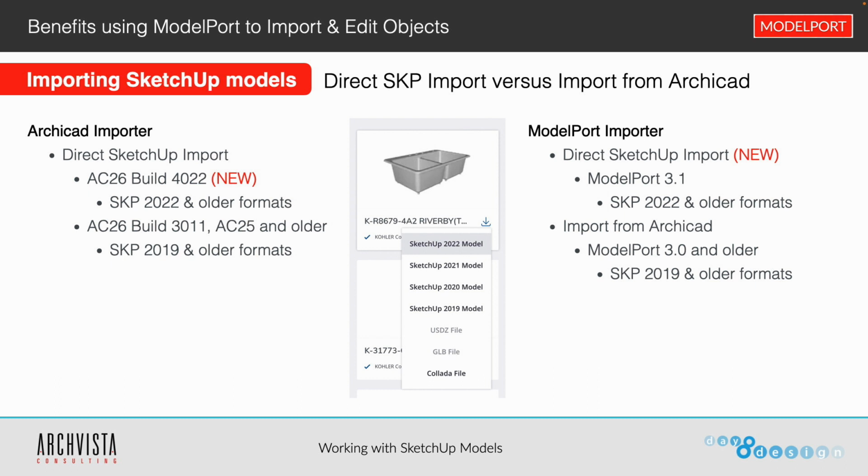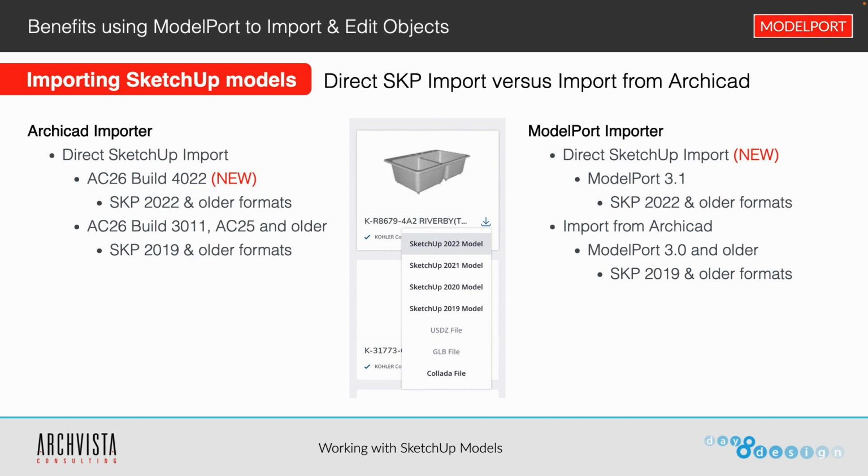On the ModelPort side, we've done the same thing. We now have a direct SketchUp import option as well that's been added in. And that direct import option for SketchUp will allow us to also access that SketchUp 2022 model format and the older formats as well. There's a second option though in ModelPort, which I'll show you an example of in a few minutes. And that's an option called import from ArchiCAD.